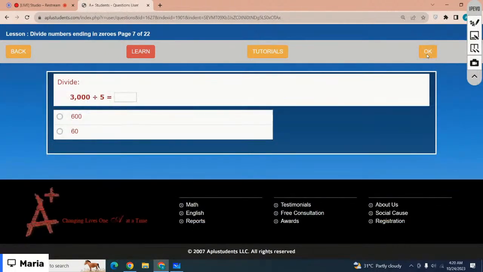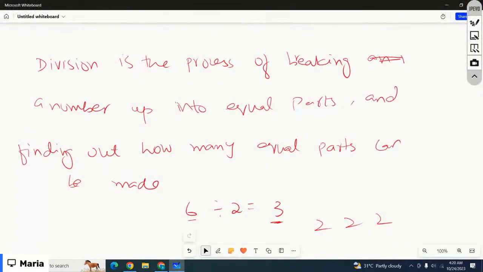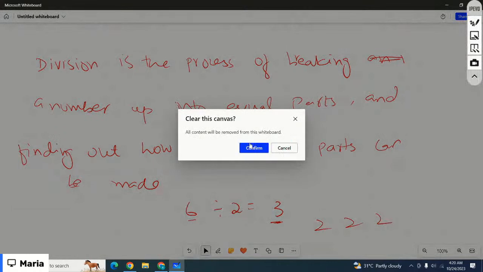Okay, 3000 divided by 5, which is the correct option? You have 3000 divided by 5, right? Let's just divide without 0.